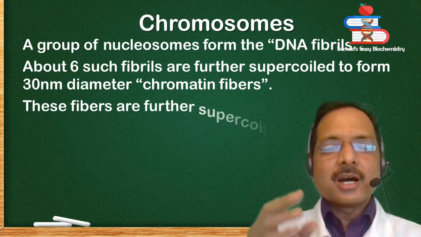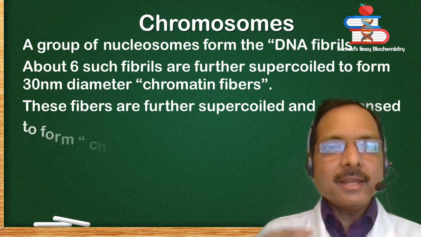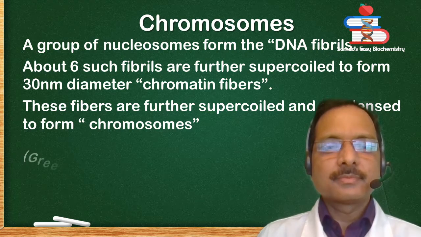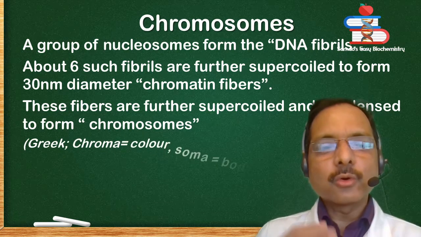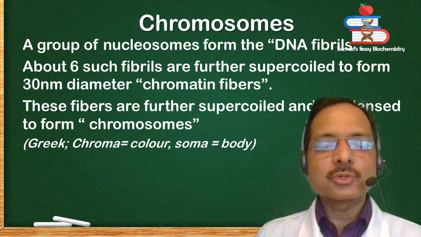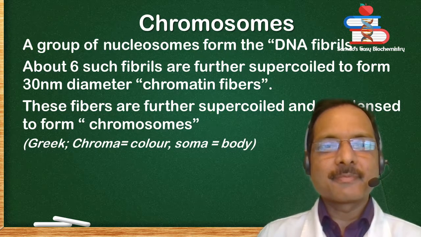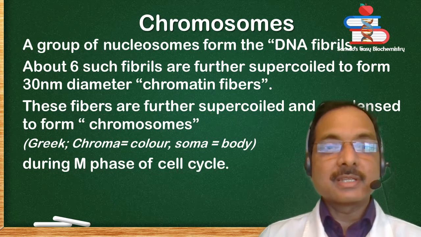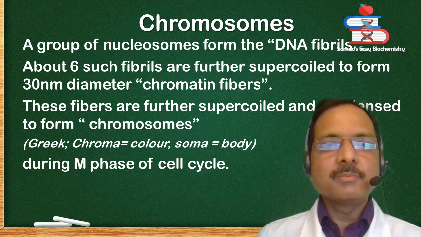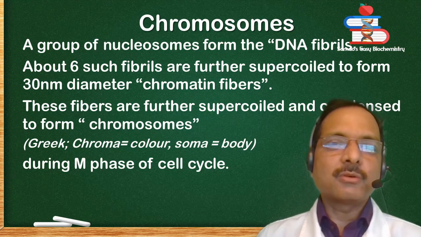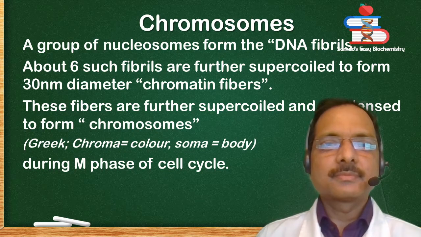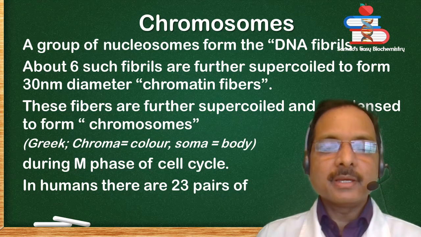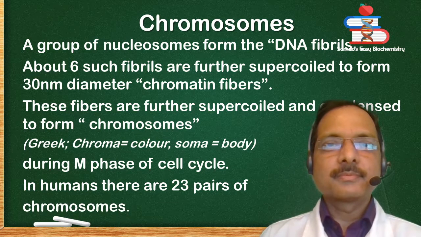These fibers are further supercoiled and condensed to form chromosome, obtained from the Greek word chroma for color, soma for body, chromosomes, colored body. This happens during M phase of the cell cycle. So chromosomes are visible and formed during the M phase of cell cycle. In humans, there are 23 pairs of chromosomes.